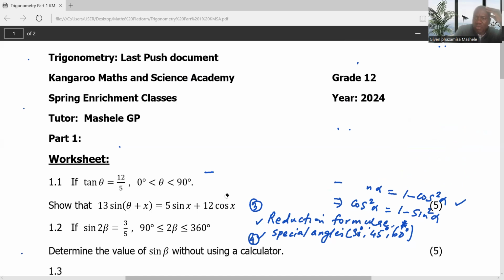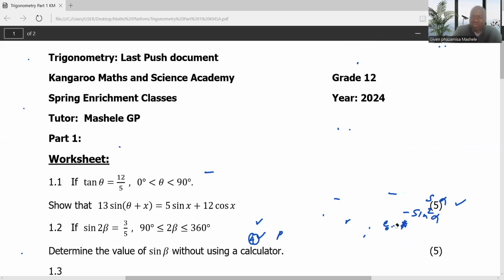So first of all, we need to look at what we are given already. We are told that tan theta is equal to 12 over 5.